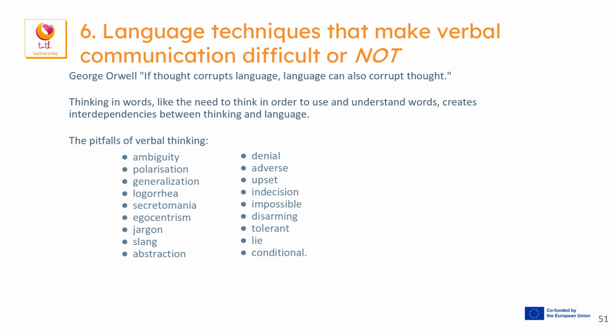6. Language techniques that make a verbal communication difficult or not. George Orwell: if thought corrupts language, language can also corrupt thought. Thinking in words, like the need to think in order to use and understand words, creates interdependencies between thinking and language.